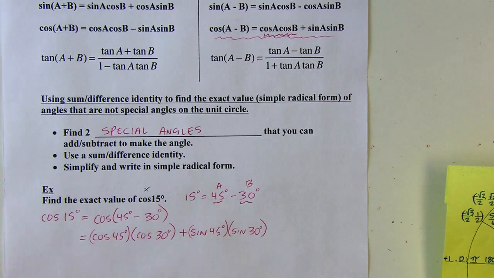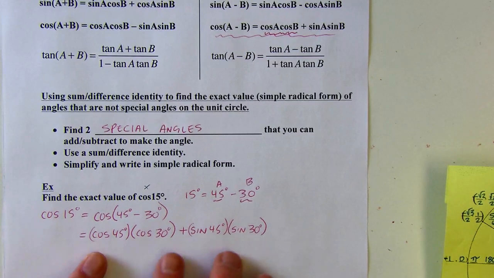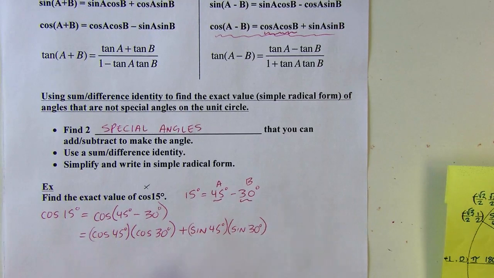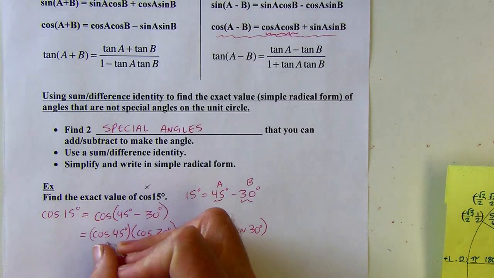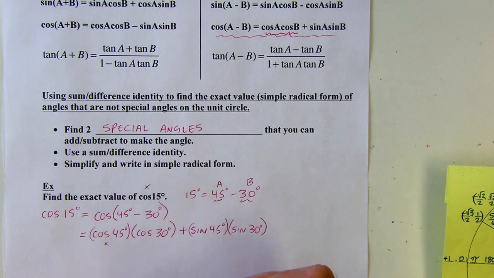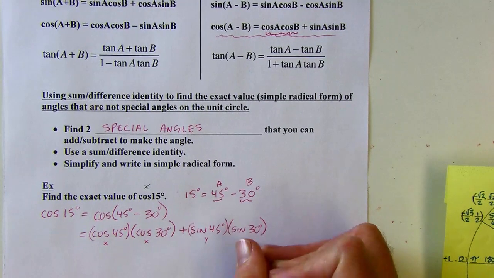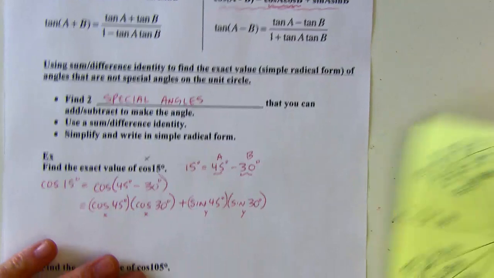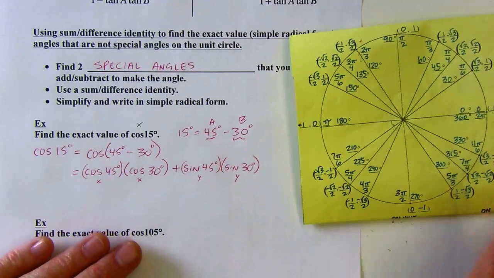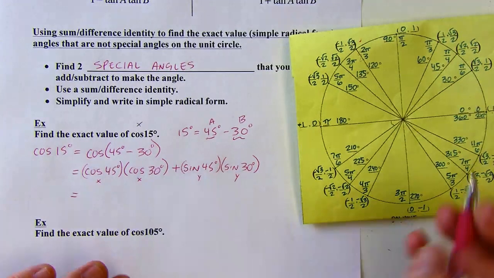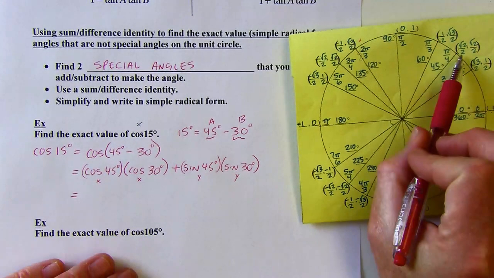So there's my setup, and now for each one of these pieces, I can use the unit circle. For my cosine, I'm just looking for the x value at those different places. For the sines, I'm looking for the y value at those different places, okay? All right, so let's go ahead and try this. The cosine of 45 degrees is going to be root 2 over 2.